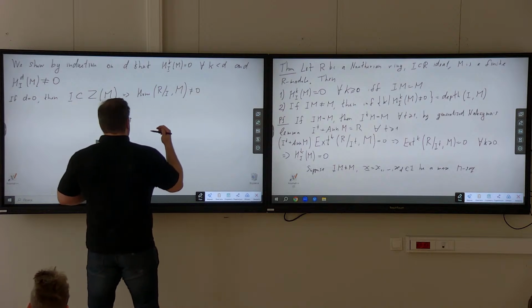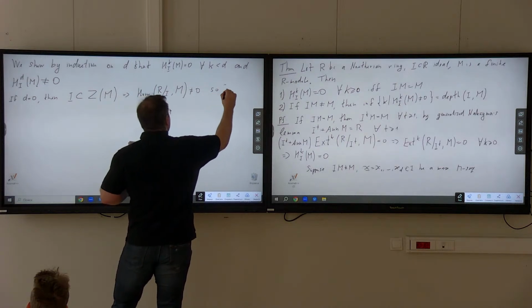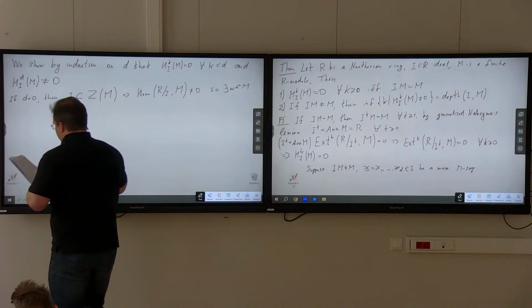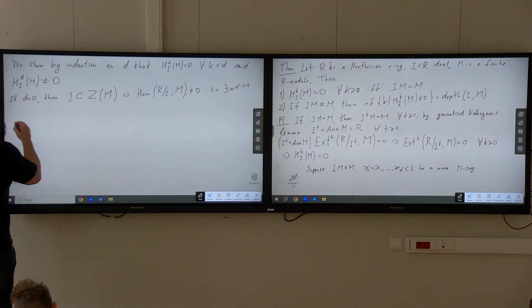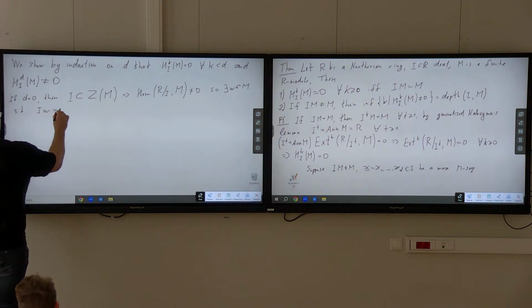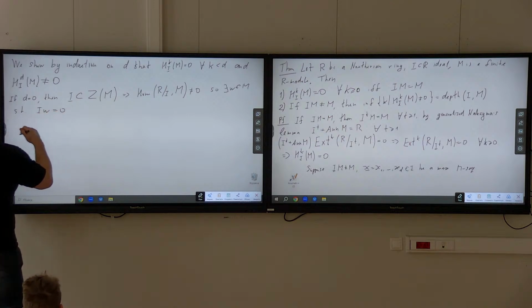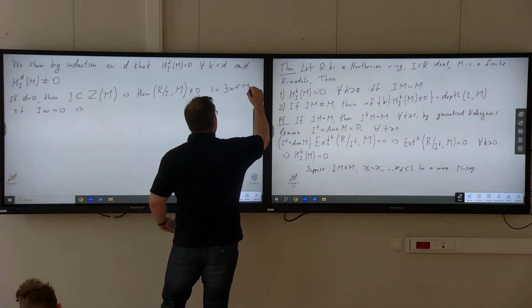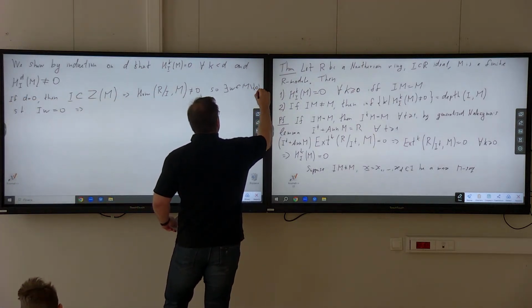Sorry, is not 0. So there is an element w in M such that Iw is equal to 0. And of course this w is not equal to 0. Let me say w is in M minus 0.